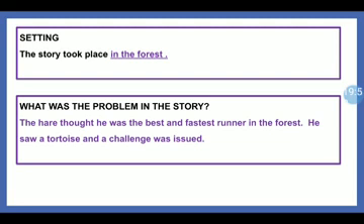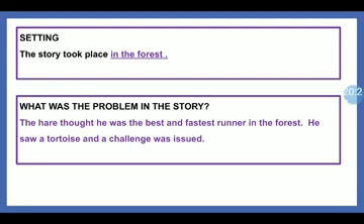Now, what was the problem in the story? Well, the hare thought he was the best and fastest runner in the forest. He saw a tortoise and the challenge was issued. You don't need to write out every single word.